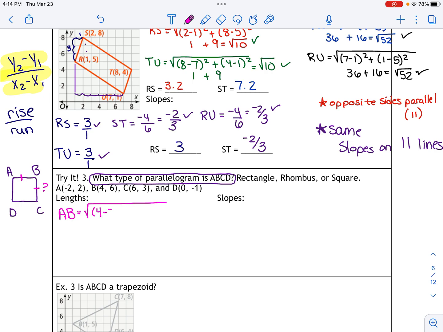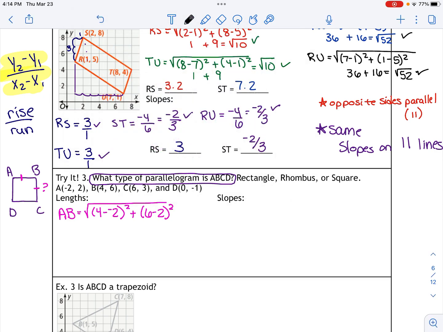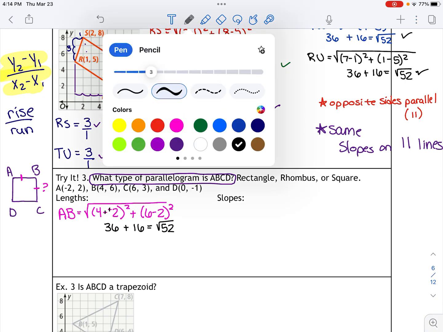Four minus -2, those are x's, plus the y's would be 6 minus 2. So when you have minus and negative, you can go ahead and cross your line, change your sign. That makes 6 squared is 36. 4 squared 16, so we get square root of 52, which I felt like we've had that one before. You don't even have to square root it if you don't want.